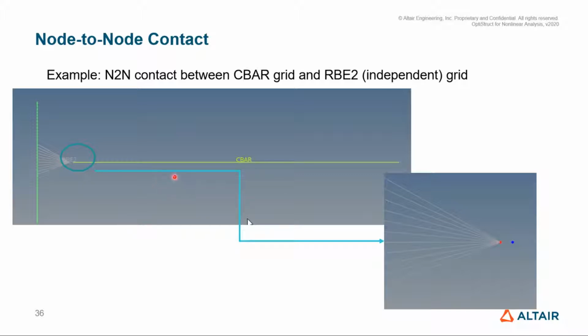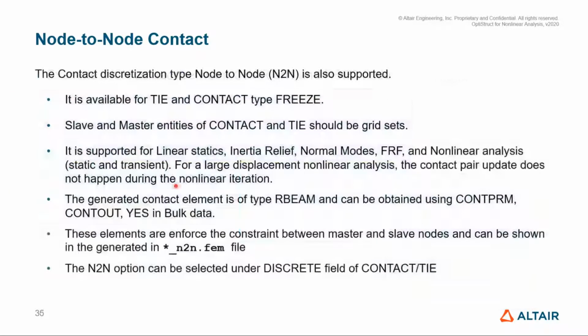You can do this if you separate your parts differently, like the bottom part stored in one file and the top part in another file. Then when you read the files in together, there's an interface file that generates that contact. Otherwise, in normal cases where everything is in just one file, we just connect them together and you don't need to do this. But if you want to, we still have that node-to-node contact, which will establish that contact between them.